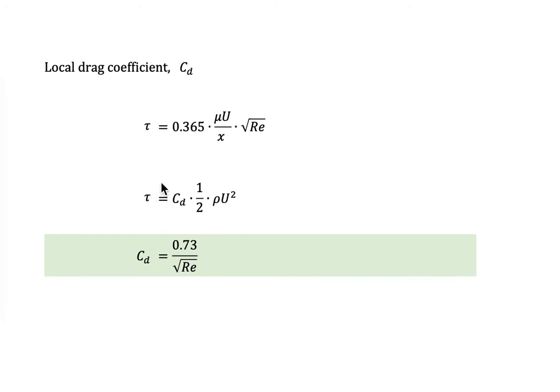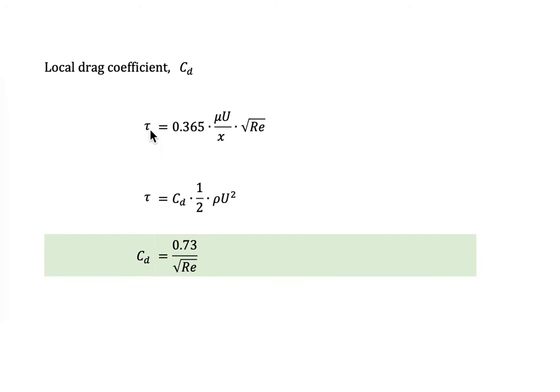This equation is actually similar to the common equation of drag force, which is equal to C D times 1 over 2 rho A u squared. As I said previously, local here means the calculation is based on one single point, so the value of A does not exist in this equation.